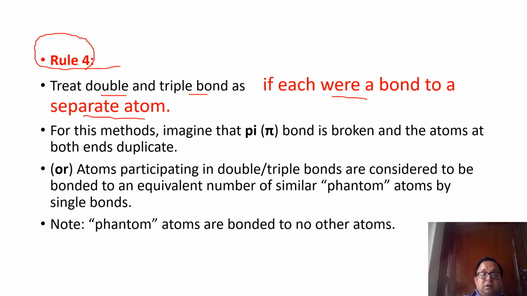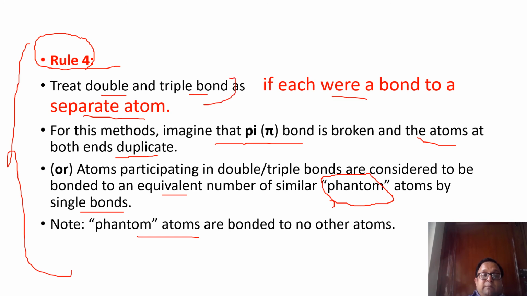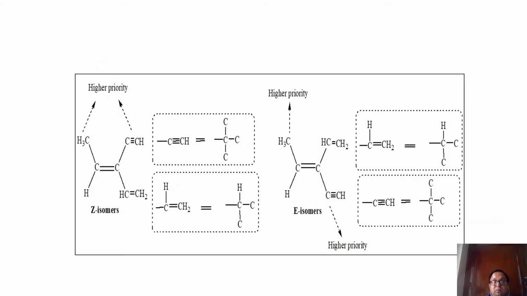For this, we can imagine that the pi bond is broken and the atoms at the ends are duplicated, and these duplicate atoms are considered as phantom atoms, that is, they are attached with a single bond. So we can deal with the double and triple bond by considering them as equivalent to a number of single bonds.